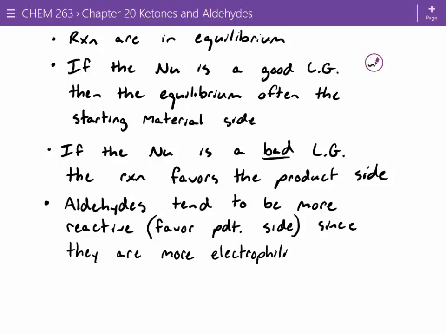It's not absolutely cut and dry, though, because you oftentimes have to compare the stability of your nucleophile and electrophile. It's just in this case, if we're only comparing electrophiles, aldehydes are the stronger electrophile.